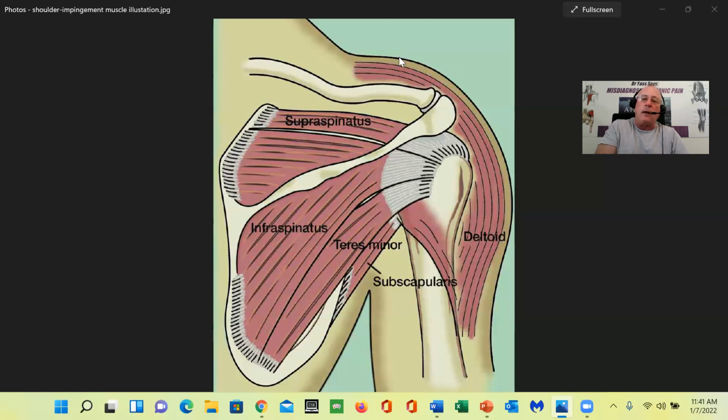So the deltoid wraps around this way, the three different parts, and all three parts wrap around the head of the arm bone down and attach on the upper arm bone to something called the deltoid tuberosity, okay? So we have it attaching around here, wrapping around the head of the arm bone and attaching on the arm bone, so that when we contract the deltoid, it lifts the arm. This is going to come up. Now, let's go very slowly through this process.